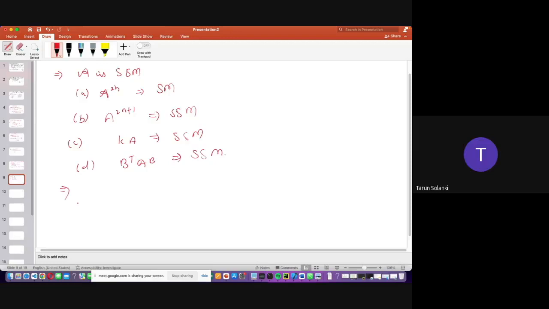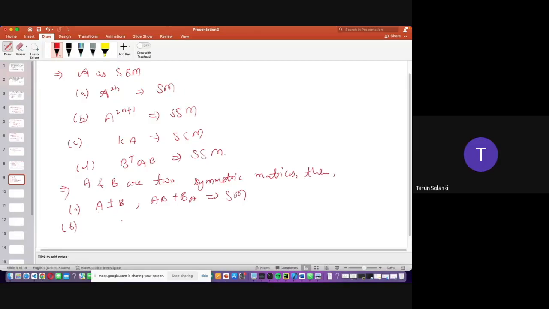Similarly, A and B are two symmetric matrices. Then you need to write A plus minus B, AB plus BA are symmetric matrices.